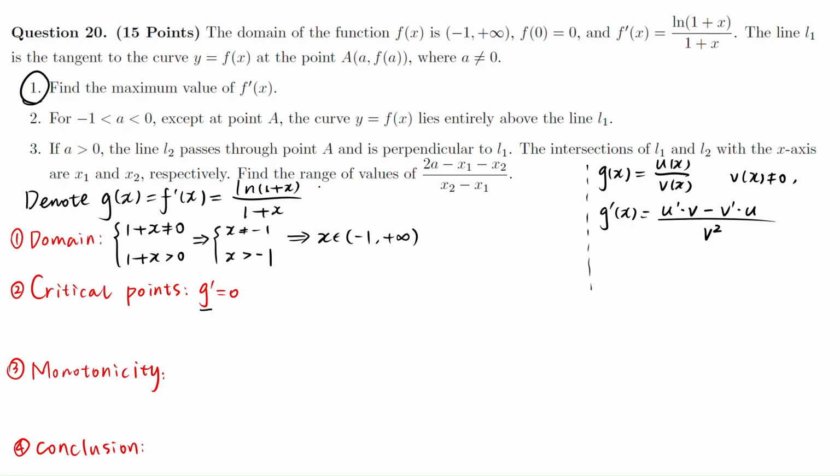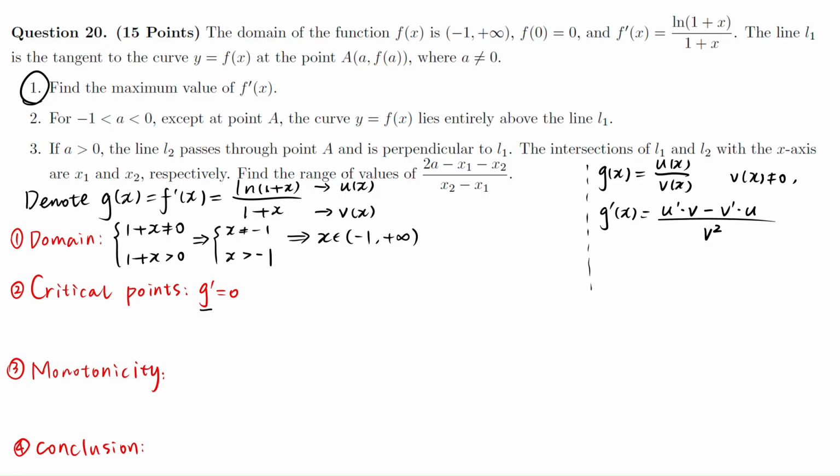Okay? So in this case, we can regard the numerator, the natural log of 1 plus x, as u of x, and regard the denominator 1 plus x as v of x. But please pay attention.